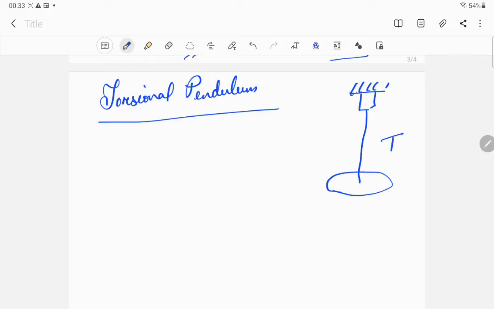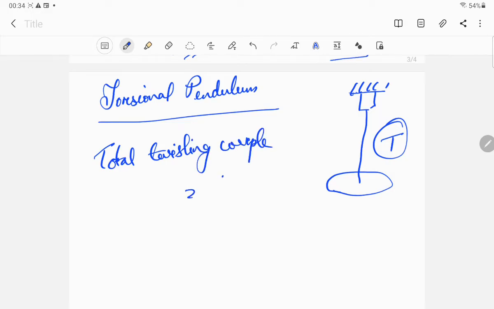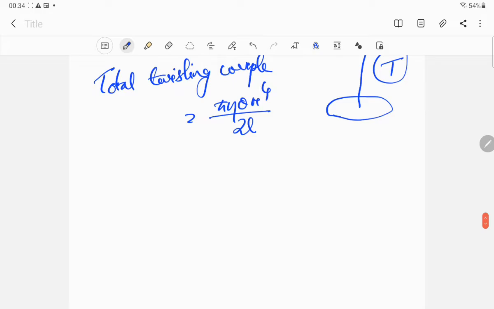So we usually calculate the total time period. So here also, the total twisting couple is equal to pi eta theta r to the power 4 by twice L, okay. So this is the total twisting couple.